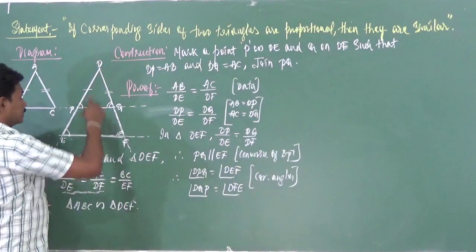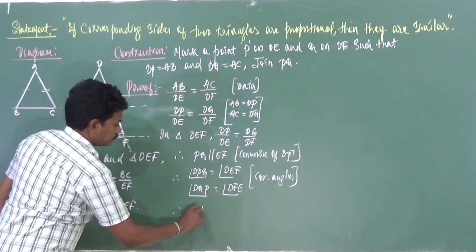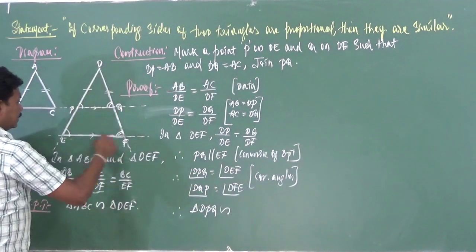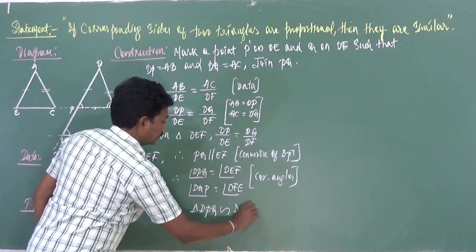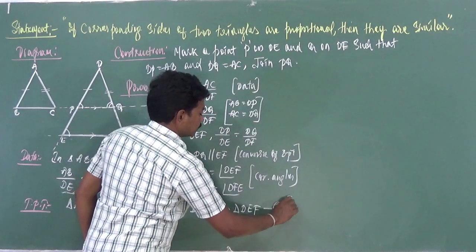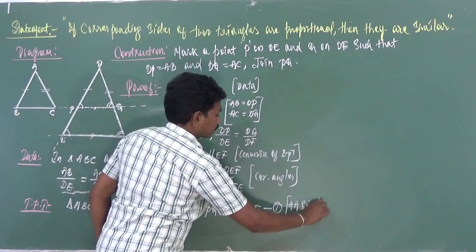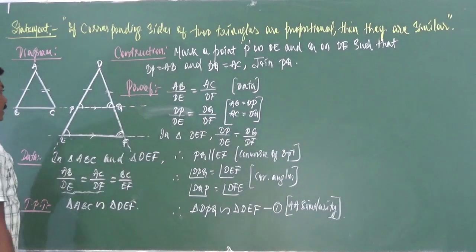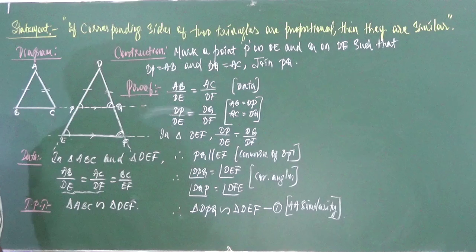Therefore triangle DPQ is similar to triangle DEF. Take it as equation 1. The reason is AA similarity, right? So triangle DPQ is now similar to triangle DEF.